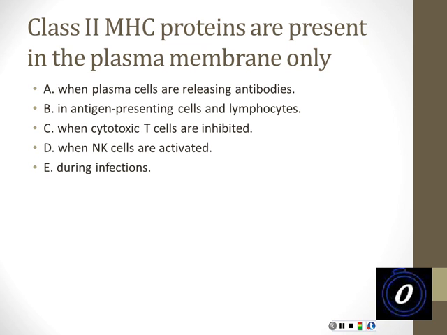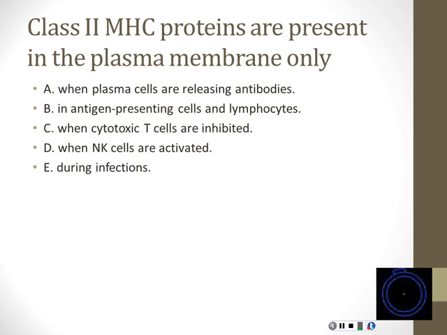All right, so the best answer here is B. So class 2 MHC proteins are associated with antigen-presenting cells, so things like neutrophils and macrophages, as well as lymphocytes. The lymphocytes themselves also have class 2 MHCs.